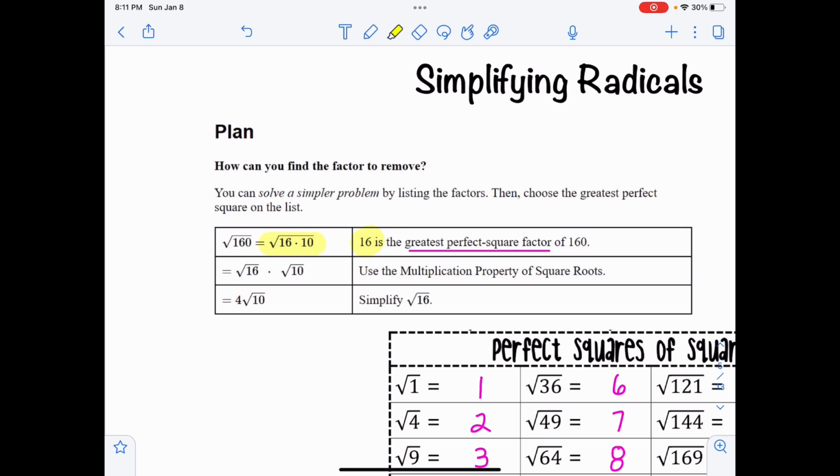Those two values are rewritten as the square root of 16 times the square root of 10. The square root of 16, because it's a perfect square, comes out to 4. And then I'm left with the square root of 10. There's nothing more you can do with that, so it simply stays as square root of 10. We're done. We have simplified it as far as we can take it.